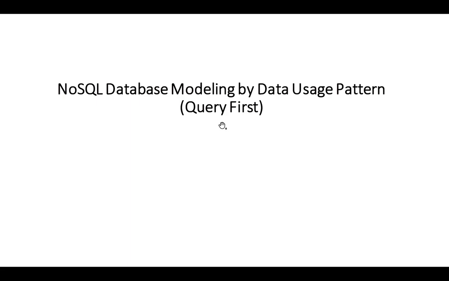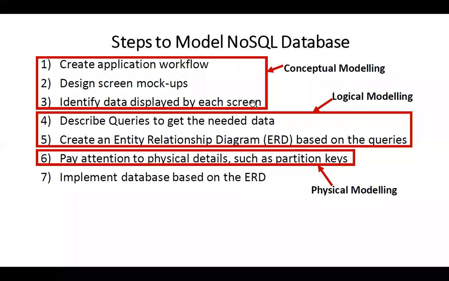Remember, the process is based on the queries that we have identified or we will identify at the logical stage, right? In other words, the design process is based on the data usage pattern. And here are the 7 steps. We will see how we implement these 7 steps.